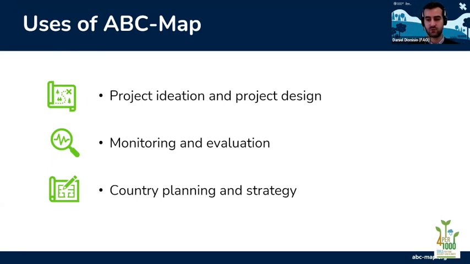It's very easy to go back and change a few criteria, a few parameters, and see how that changes the expected impact. It can also be used for early phases of monitoring and evaluation, considering how easy it is to draw an area on the map and see how the different indicators have changed throughout the years.